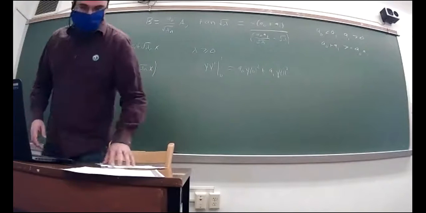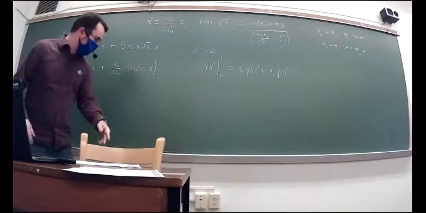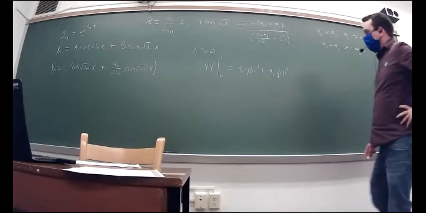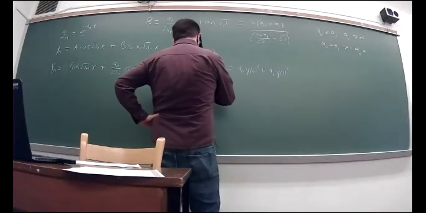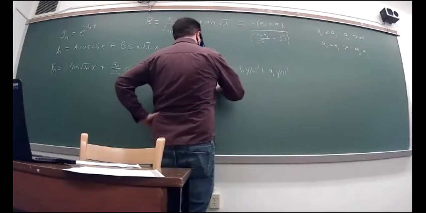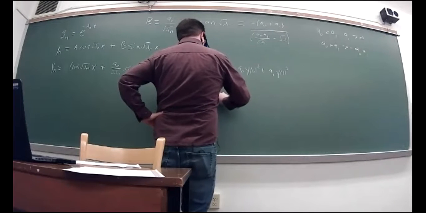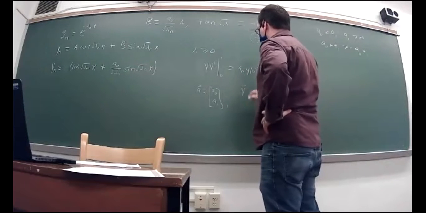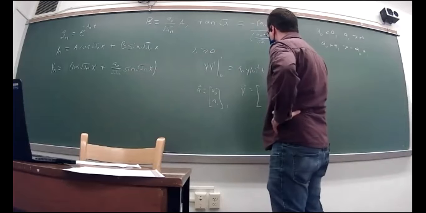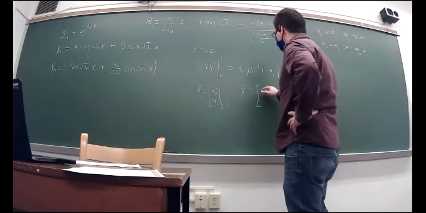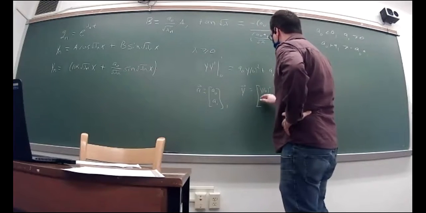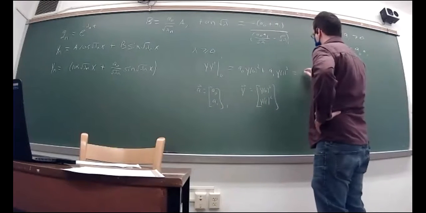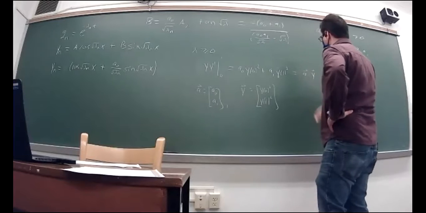I'll explain a little bit more my perspective on this. I've got a little Desmos illustration, but also, I thought about this for a moment and I said, if you make vector A: A naught, A1, and if you make vector Y: y0 squared, y1 squared, then this is really the dot product of A and Y, isn't it?